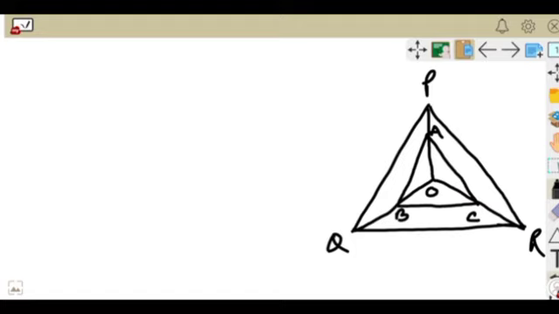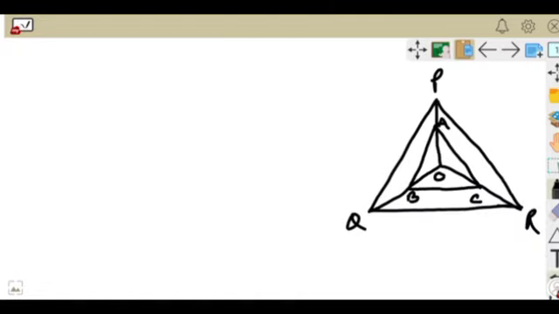I'll continue here. I'll write procedure and I'll drag the screen. First I'll write in triangle POQ. In triangle POQ, we know that AB is parallel to PQ.